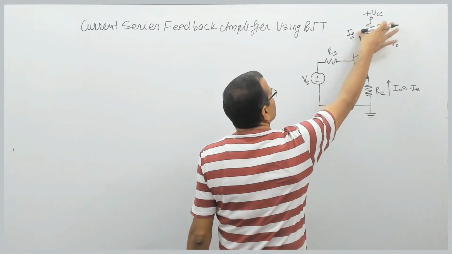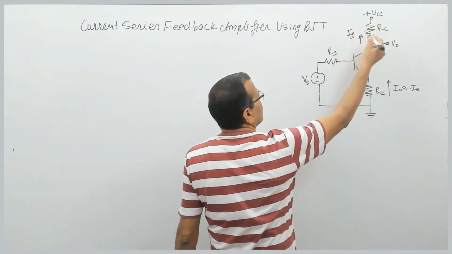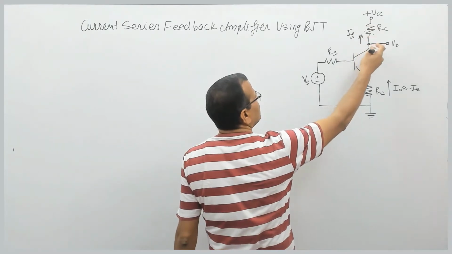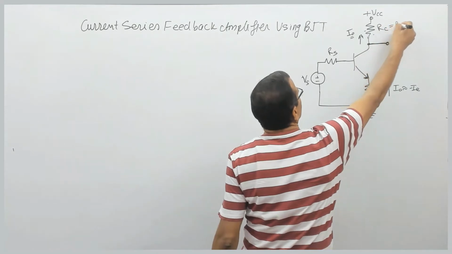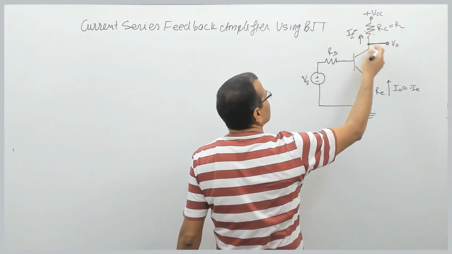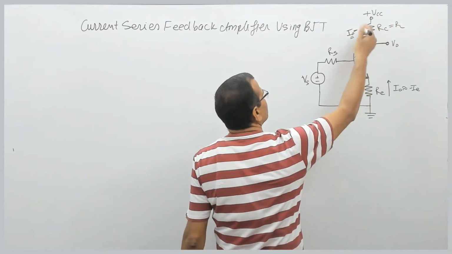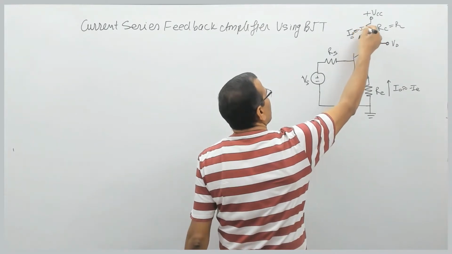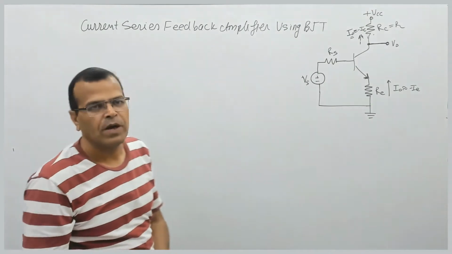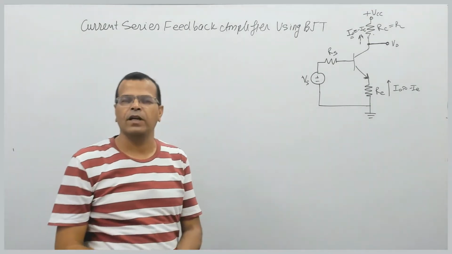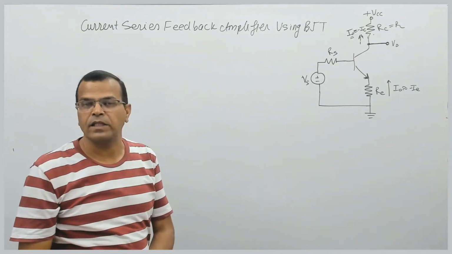Remember, this load current flows from the BJT towards your load resistance. This is load resistance RL, and output current will be flowing from collector terminal towards this, and that is equal to minus IC, minus of collector current.